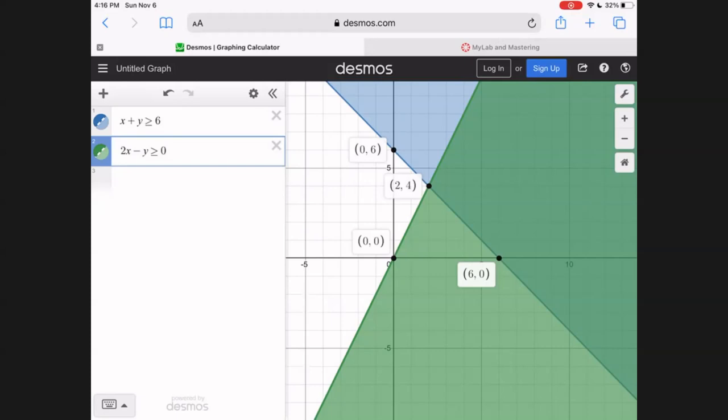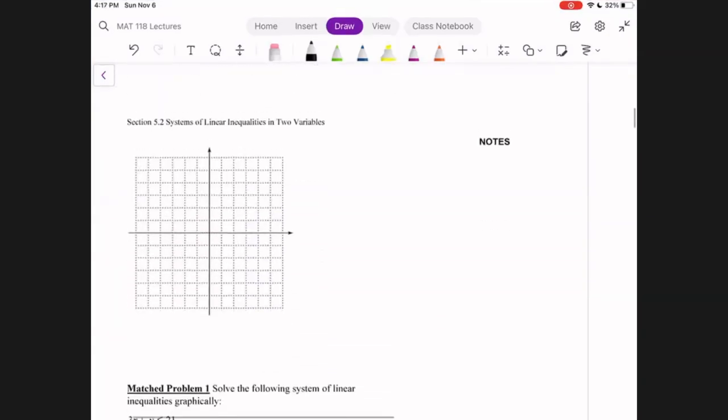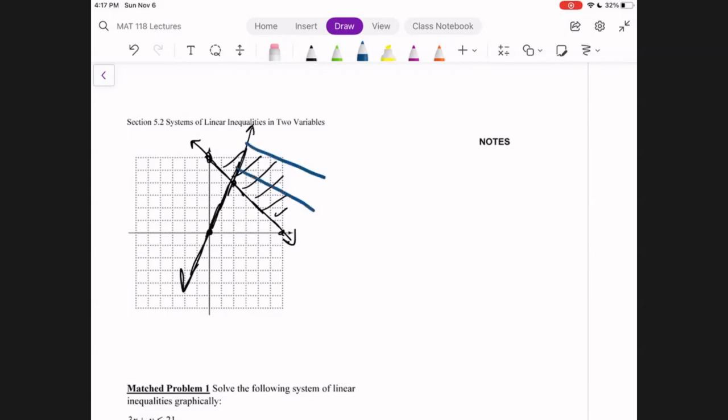We can also graph this on our notes. The first line was like this, and it was shaded above. And then the second line was like this, and I'm going to use my blue color, and it was shaded this way.